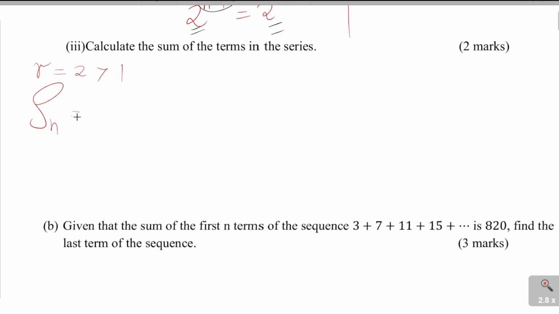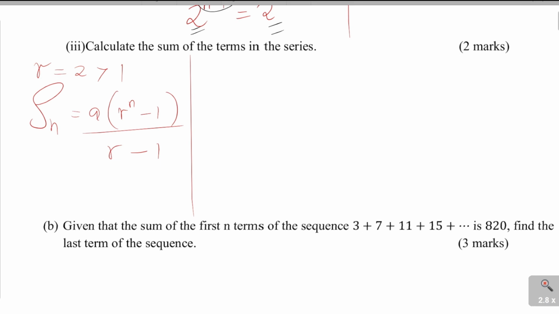Sum of a number of terms n is given by a, first term, times r raised to power n subtract 1, everything divided by r subtract 1, not r to power n, but r subtract 1. So this is the formula for calculating the sum of a number of terms in the geometric series when the ratio is greater than 1.